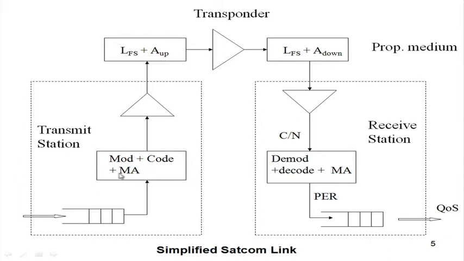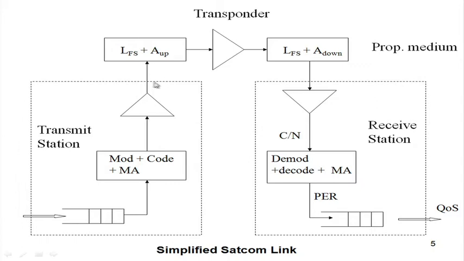So these are certain blocks, subsystems in the transmit station. It is upconverted, amplified and put into the atmosphere, the troposphere, and it is going to the satellite. Here the transponder or the satellite I am showing as simply an amplifier. It's actually a frequency translator also.